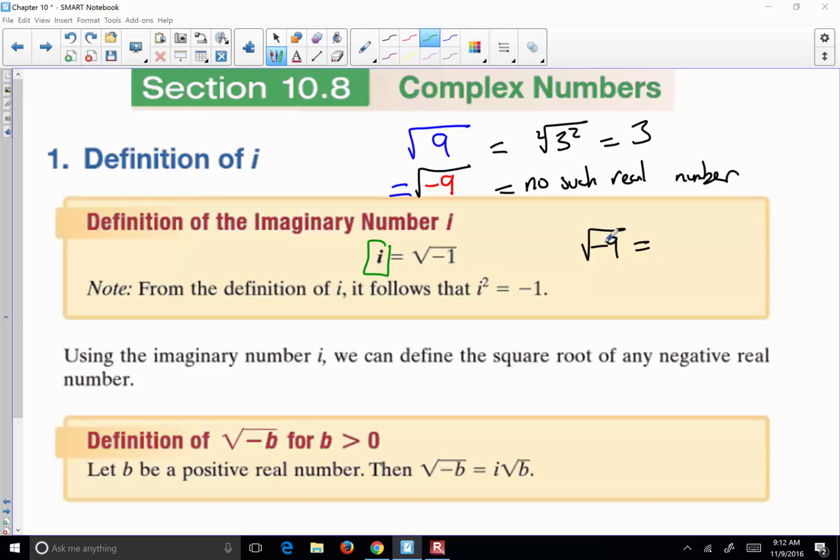Anytime we see a minus sign inside, we take it out, remove it from the square root, and call it i, and the rest will be, once you remove the minus as i, a real number. And you can compute it with regular old symbols you've been using since kindergarten, right?